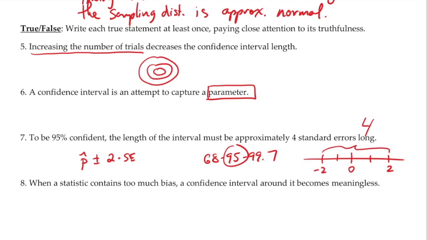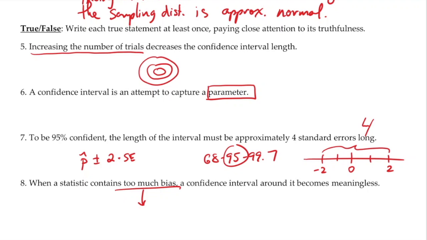Number 8. When a statistic contains too much bias, a confidence interval around it becomes meaningless. You may be tricked into thinking that you can fix bias with some statistical manipulation or technique, but that is false.